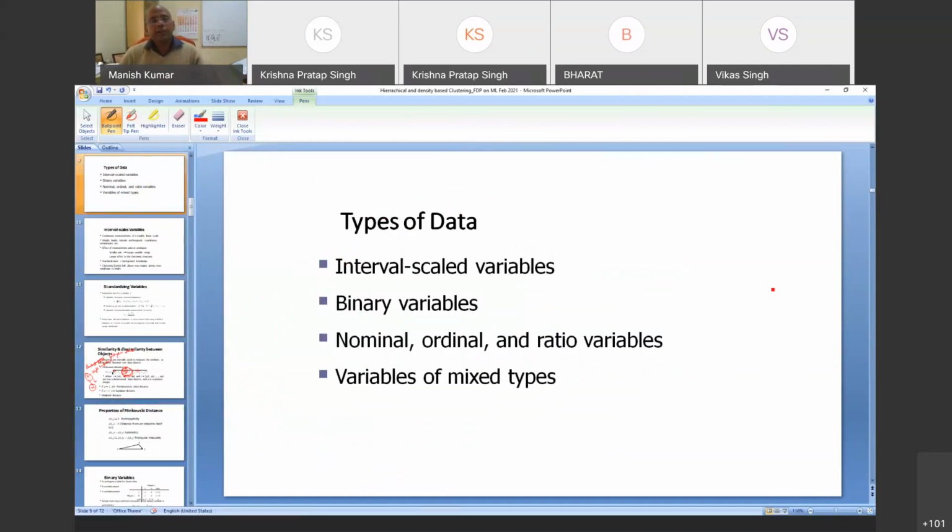We have interval scale variables, binary variables, nominal, ordinal, and ratio variables, and somewhere we might also be interested in mixed types. Mixed type means a combination of all these above variables could be part of my variable.